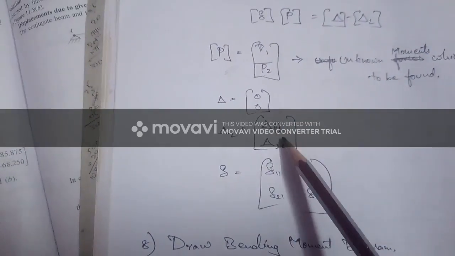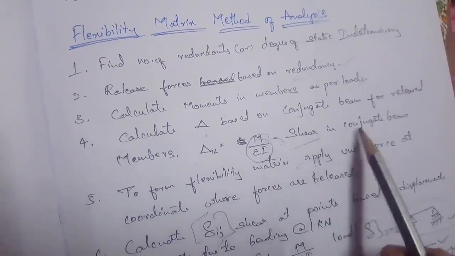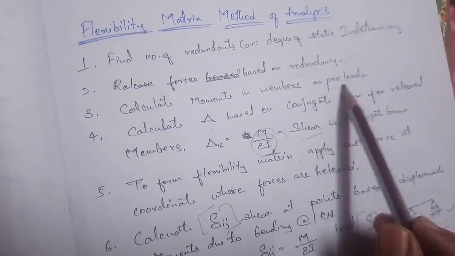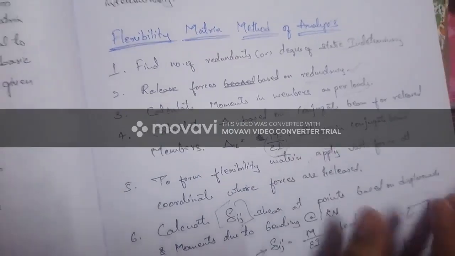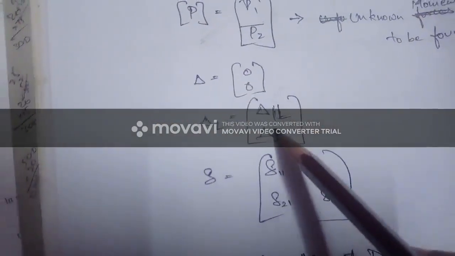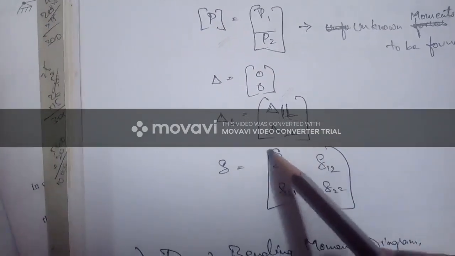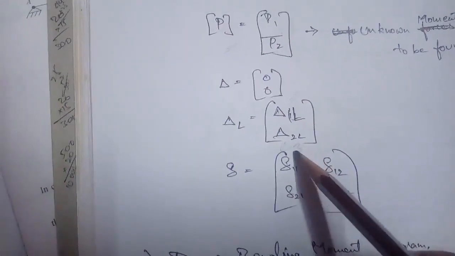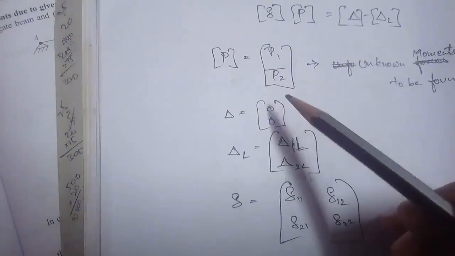And delta L is what we have calculated in the previous step, that is, the shear with respect to the conjugate beam based on the actual load applied in the frame, and that shear load we are taking over here. It is delta 1L or delta 2L. If the matrix is 3 by 3, then it has delta 3L as well, and the values are P1, P2 and P3.